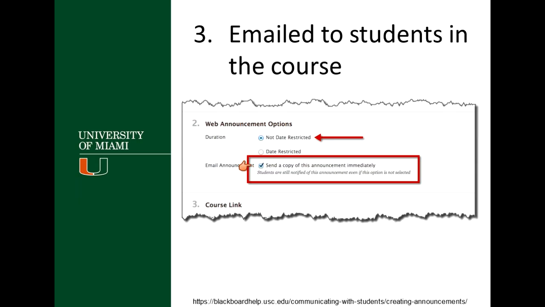Send a copy of this announcement immediately. That means when you submit it, in addition to having the announcement posted on the announcement page, it will also be emailed to the students. You may get some errors back because somebody might have their Office 365 email being forwarded to Yahoo, and Yahoo may be full.